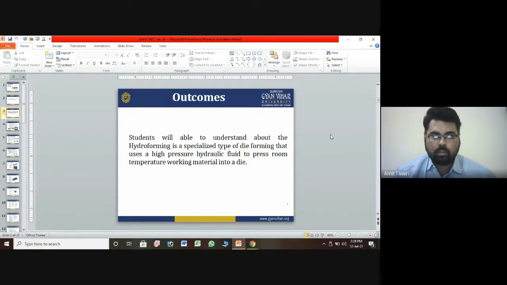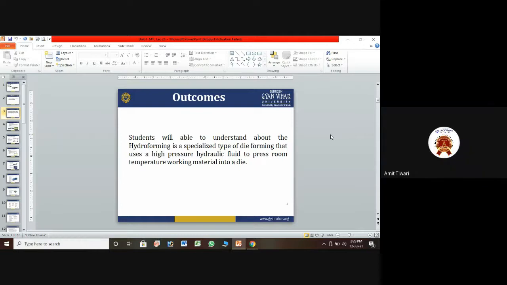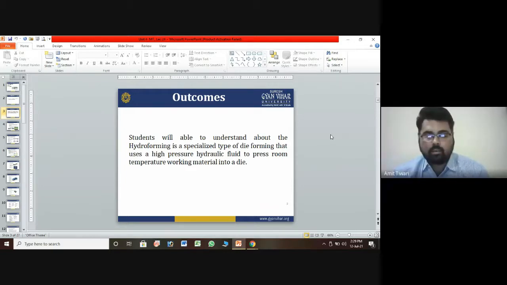In this lecture, the student will be able to understand that hydroforming is a specialized type of die forming technique that uses a high pressure hydraulic fluid to press room temperature working material into a die. So today we are discussing all the terms related to hydroforming, their types, their specialization, the different types of die forming used, and some examples.